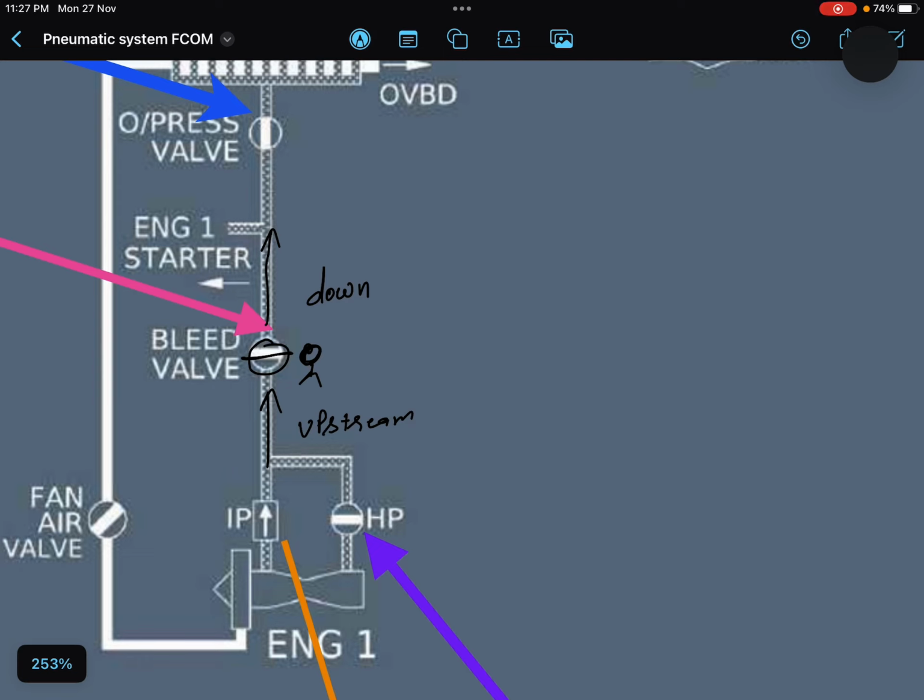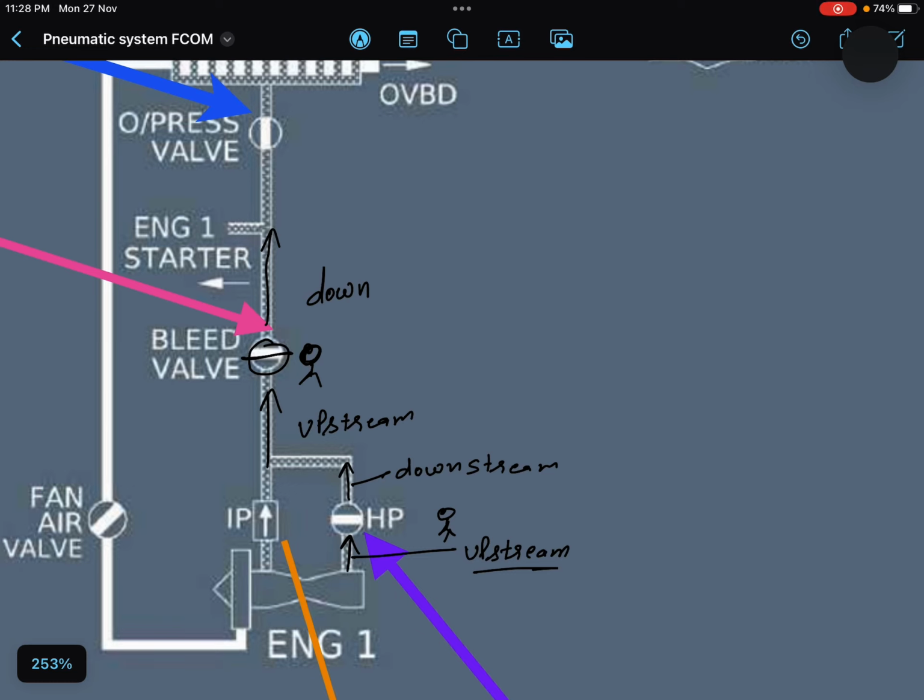Now if you change your position, with respect to the HP valve, bleed is moving like this. So with respect to the HP valve, this is downstream and this area is upstream. So upstream and downstream depend on the position and on the valve you are putting in the center, right?